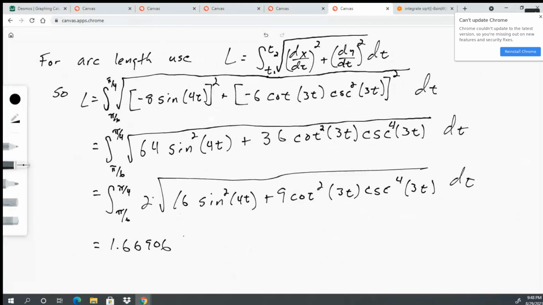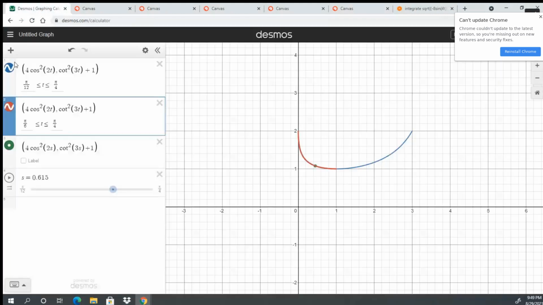All right, we can pull out a 4, giving us a 2 outside the radical, 16 sine squared 4t plus 9 cotangent squared 3t cosecant to the fourth 3t, dt, from pi over 6 to pi over 4. Again, pi over 6 to pi over 4, just from there to there, okay?